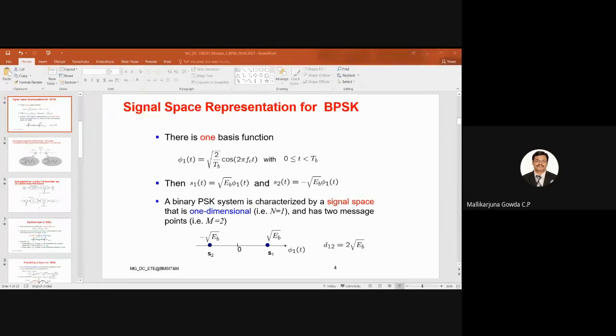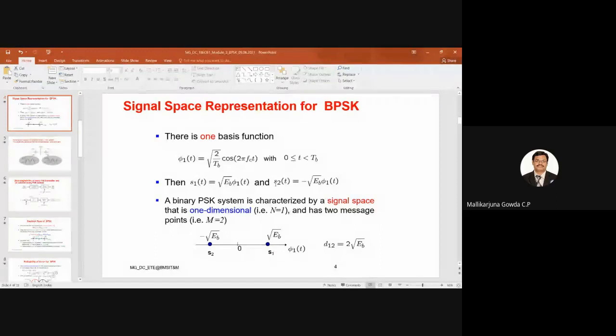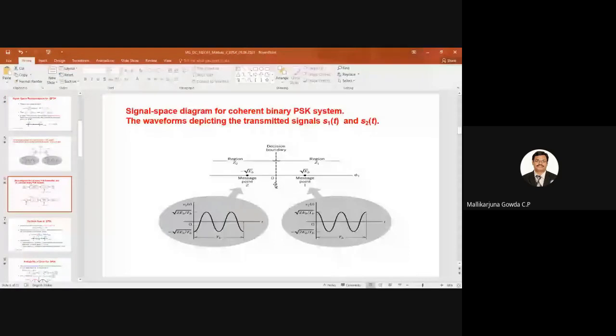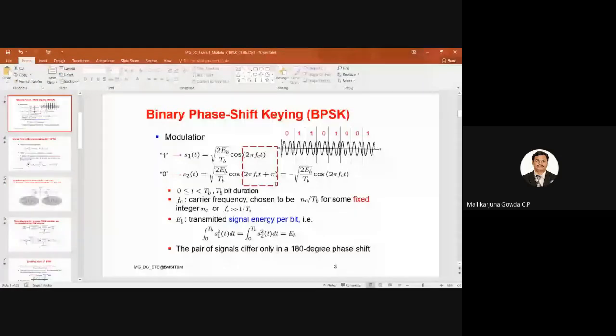Similarly, S2 of t is equal to S21 phi 1 of t, so the value of S21 is minus root Eb. So you know how to find S11 and S21. I need not stress upon that again, but I expect you to respond. That is why I say to be with me.